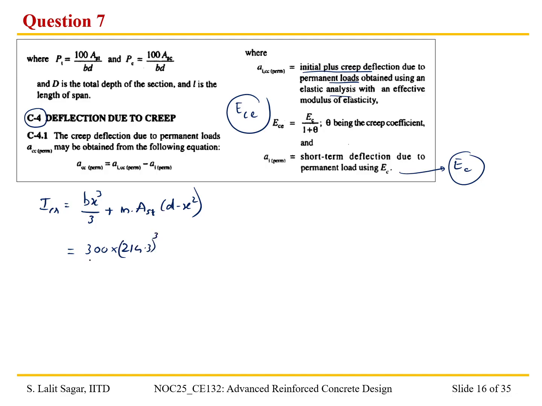cube divided by 3 plus what is the modular ratio?